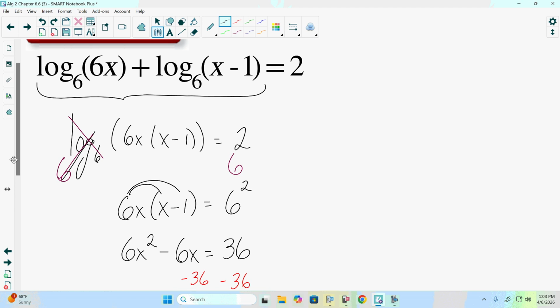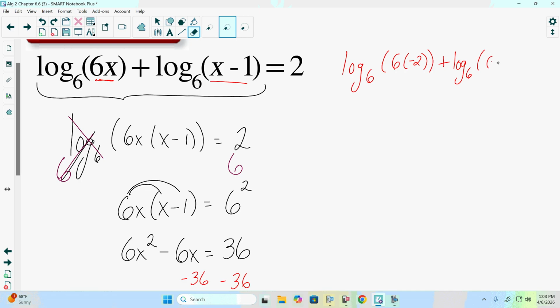Most likely, negative 2 is not going to work because there's nothing in either one of these to offset that negative sign. So if I check log base 6 of 6 times negative 2 plus log base 6 of negative 2 minus 1, well, 6 times negative 2 is negative 12.